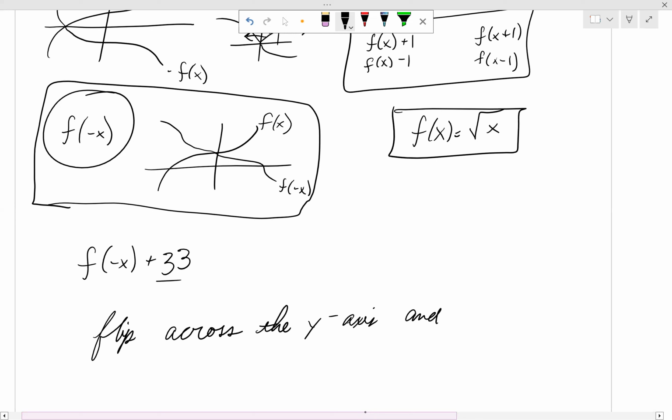And this plus 33 tells me I'm going to take every point and move it up 33 units. And shift up 33 units. And then that would be my final answer.